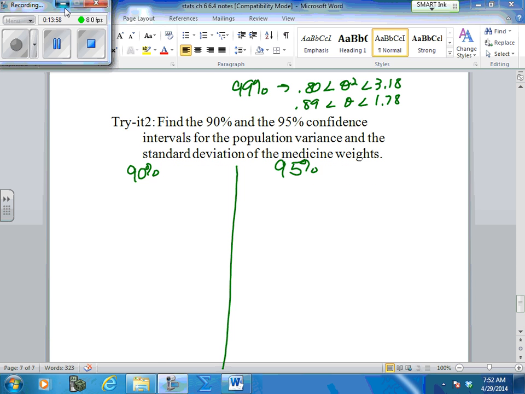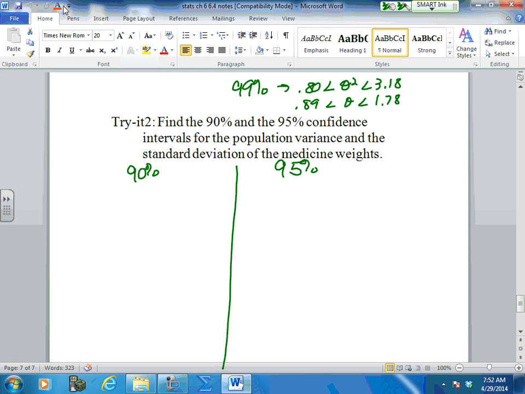You have the same formula, but what's going to change? The left and the right values. Good. So we need to find an x2r and an x2l. The sample size stays the same, the standard deviation stays the same, and your degrees of freedom stay the same.